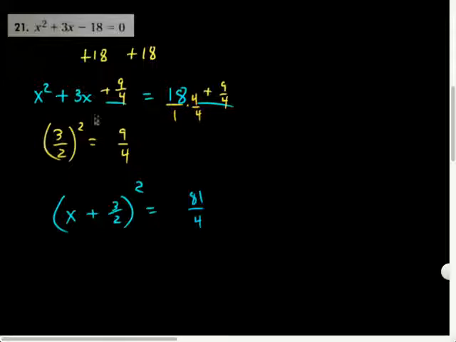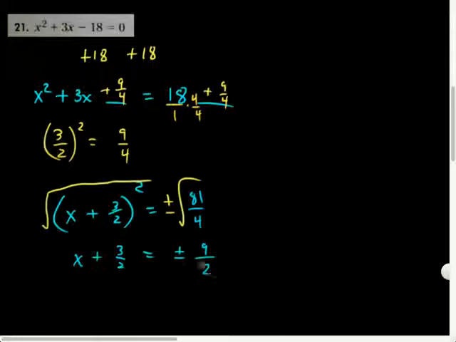Next step, root, plus or minus, don't forget it, because it's all about technique. x plus 3/2 equals plus or minus, the square root of 81 is 9, the square root of 4 is 2, and now we'll subtract 3/2 from both sides.